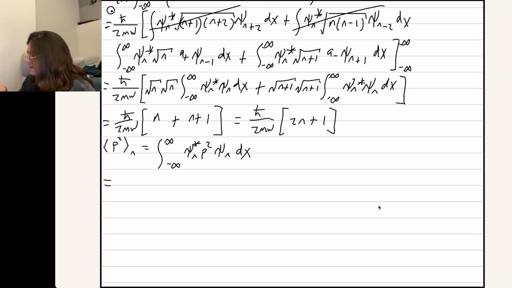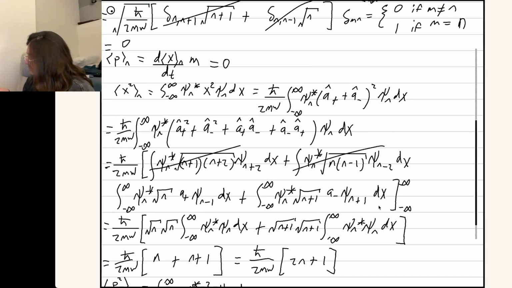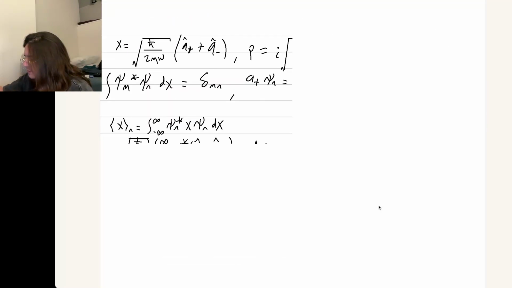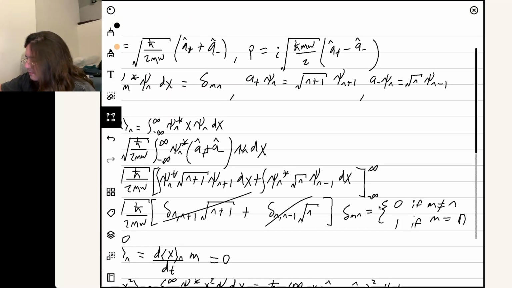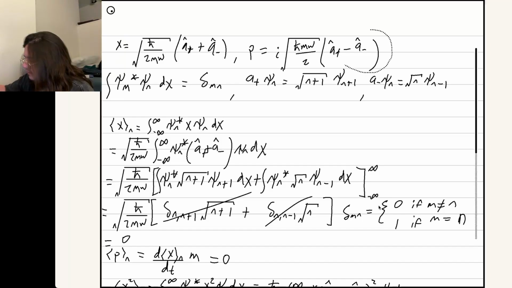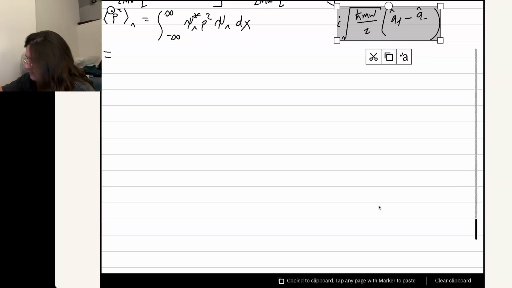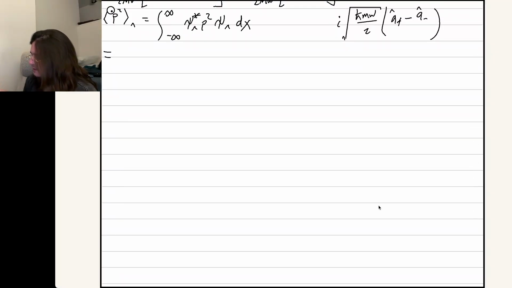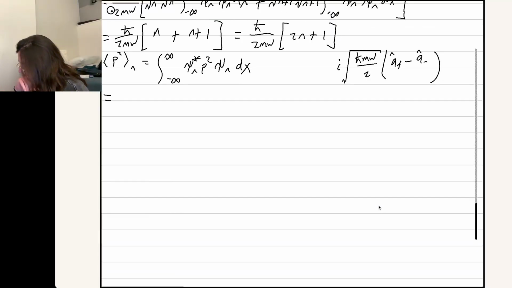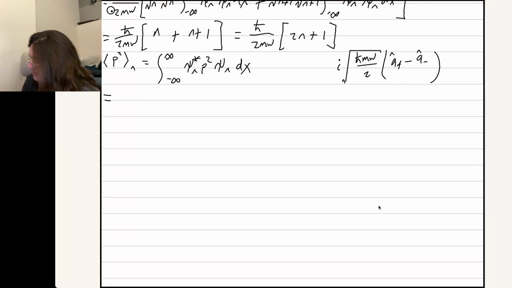And then the momentum operator got expanded like this in terms of the raising and lowering operators. So I'm going to go ahead and actually move that down so I can look at it. Just going to set it there. That's the definition of the momentum operator in terms of ladder operators. Squaring it, you'll get a minus sign. So you have minus h bar m omega over 2.